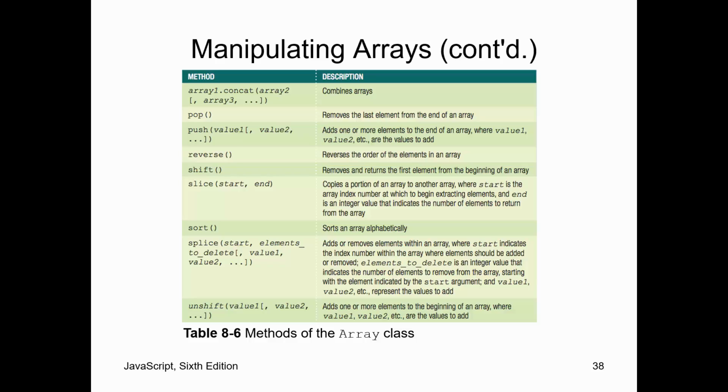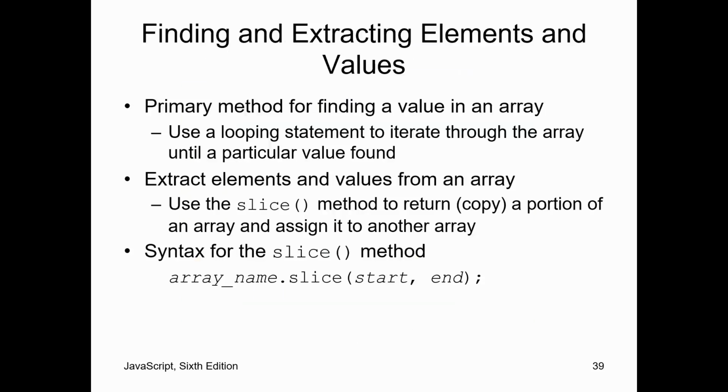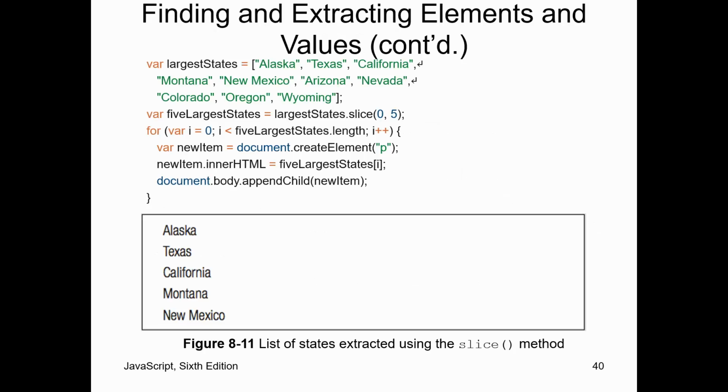Slice, as it says, copies a portion of an array to another array. And splice adds or removes elements within an array. Quite often, when you're going through an array to look for something, you'll use some kind of a looping statement. And inside of there, you'll use slice. Okay.